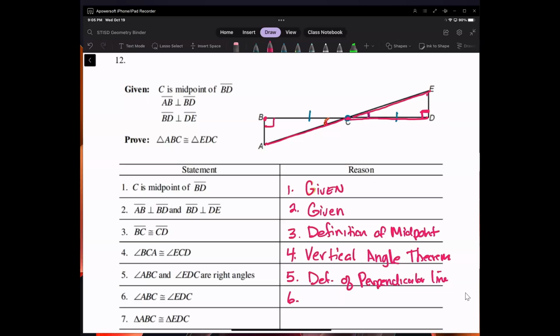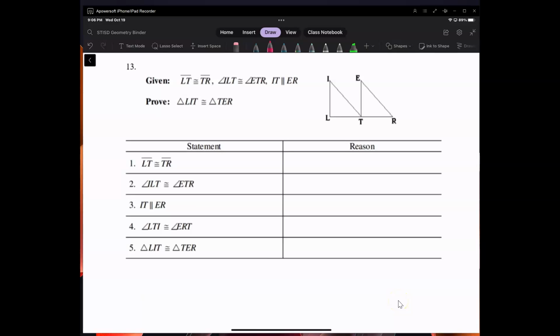And we know that all right angles are congruent. I'm going to write that symbol. And then number 7, like we said earlier, triangle ABC is congruent to triangle EDC. And the reason is it's the angle, side, angle postulate.